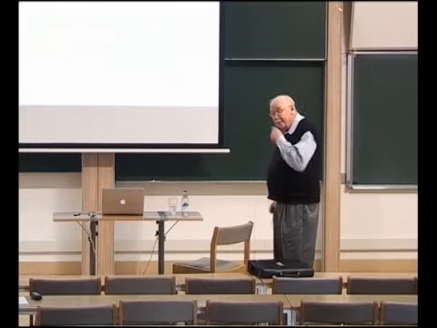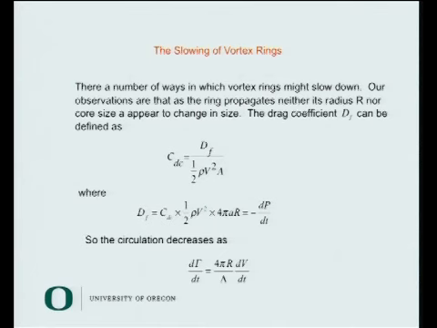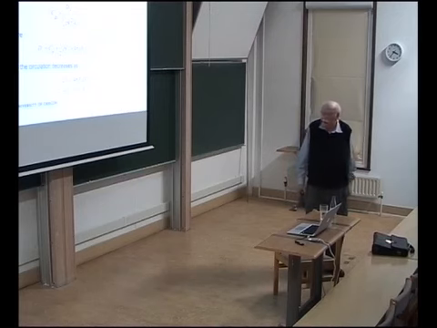So here is a thing you can do. You can imagine that the core of the ring, if it's thin enough, you could just undo it and pretend it's just a vortex line of length 2πr and diameter 2a. And you can define the dimensionless drag coefficient as the drag force, which we are thinking belongs to viscosity, and normalize it in the usual way for drag coefficients.